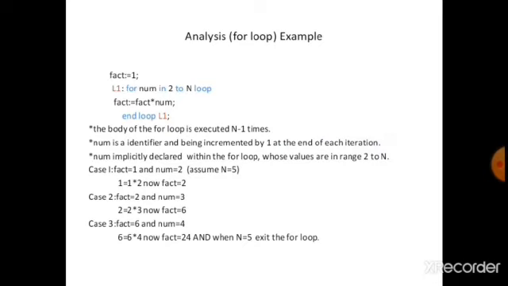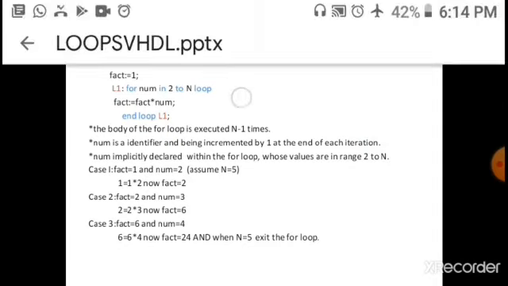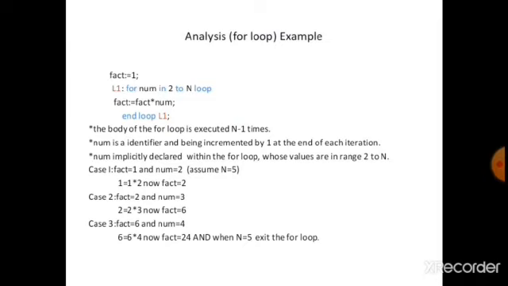Let us see the cases here according to this example. In the first case, fact is equal to 1, and I have taken num is equal to 2, because we wrote num in 2 to n loop.